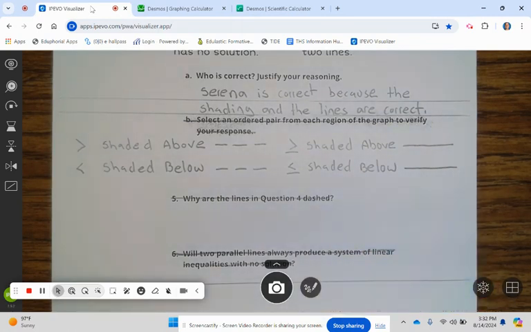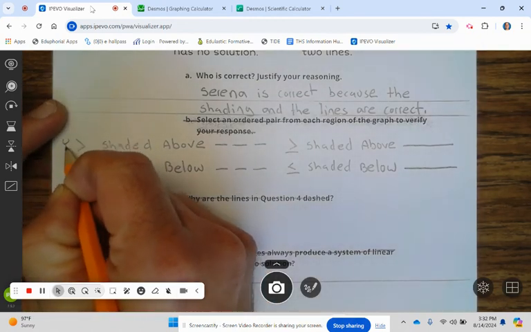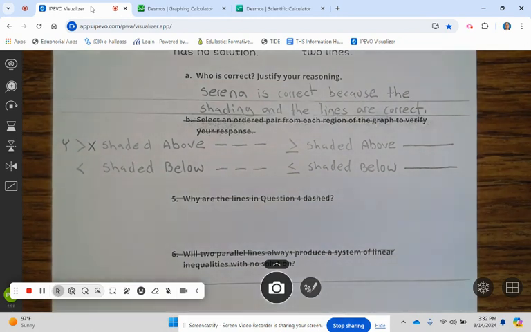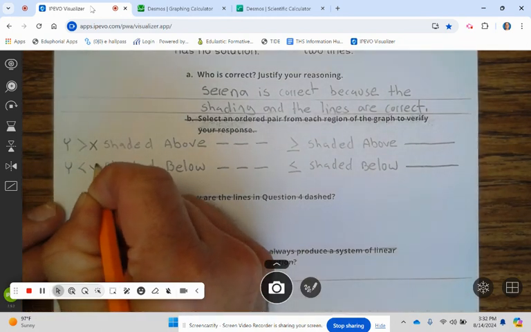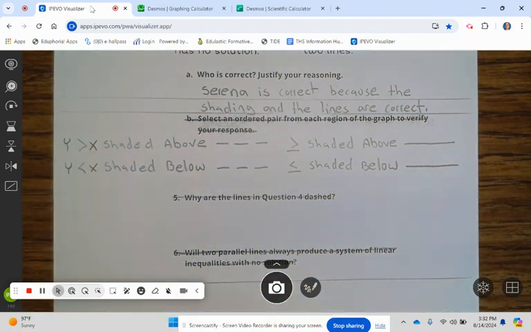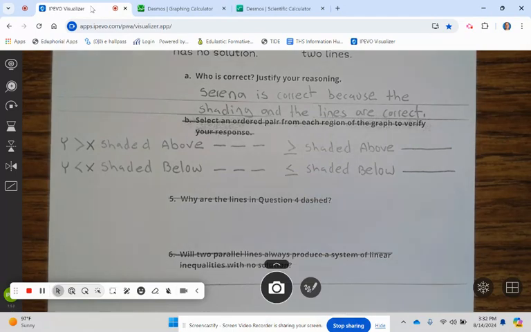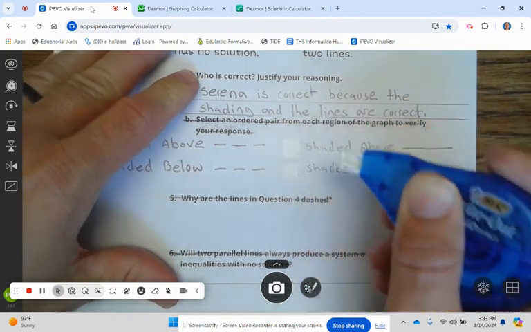All right, let's take some notes. When y is greater than x, it's shaded above and it's a dashed line. When y is less than x, it's shaded below and it's a dashed line.